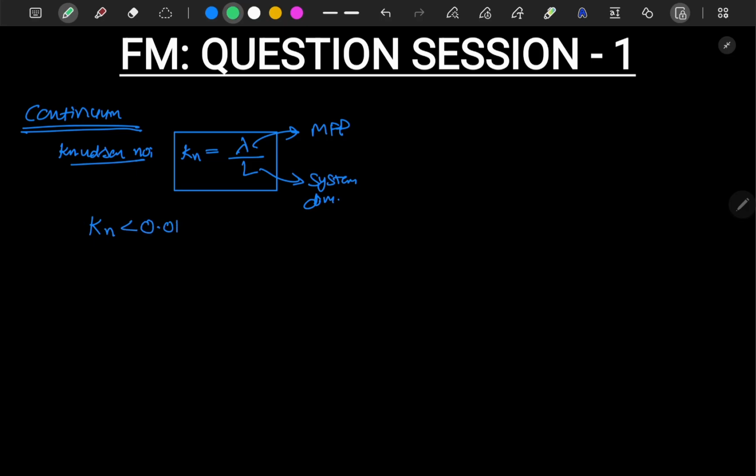This is the important point. So Knudsen number is less than 0.01, only then is your continuum valid.